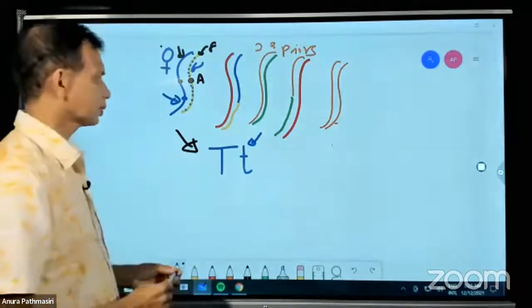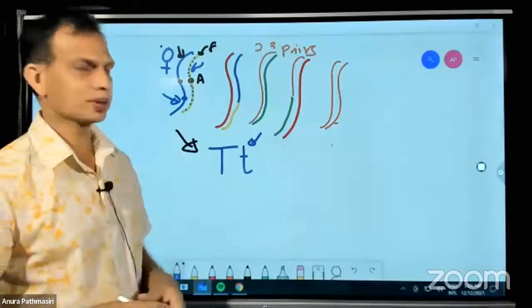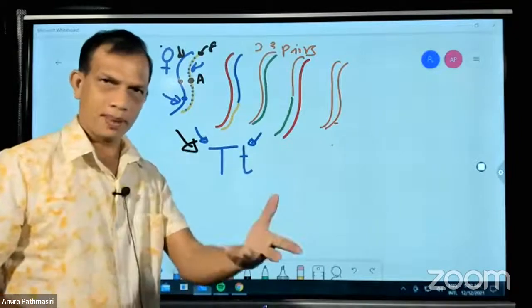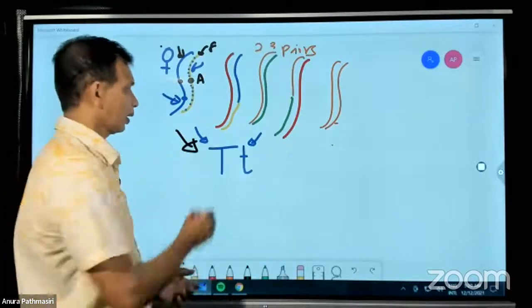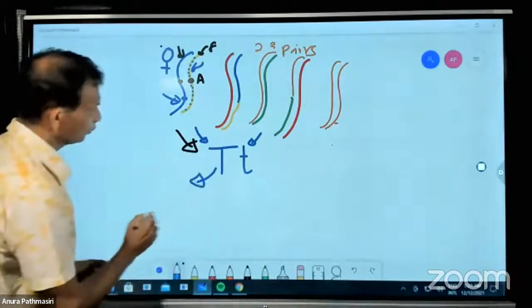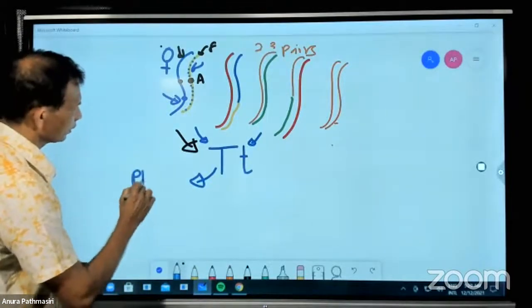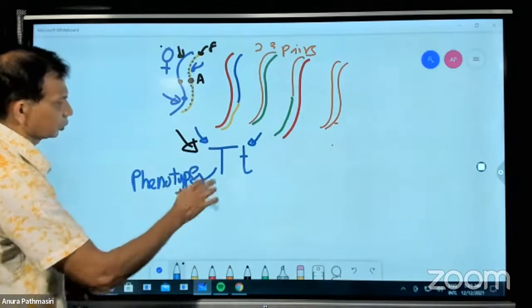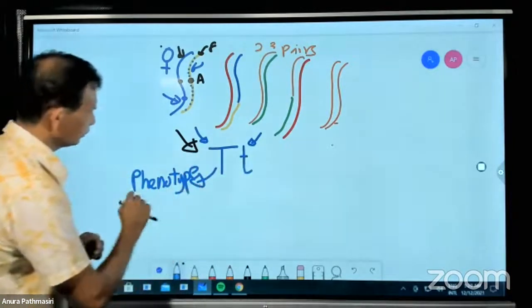But the specialty here is that the dominant factor makes itself prominent, and that is actually what we see: the phenotype. So this is the genotype, this is the phenotype.